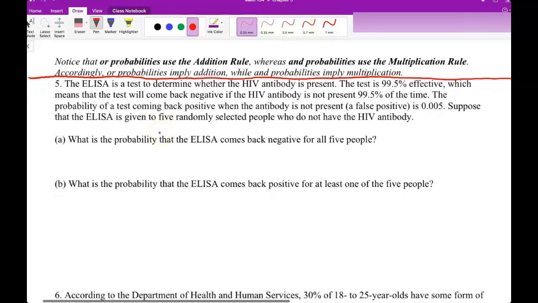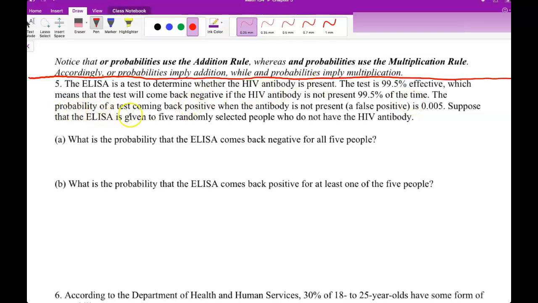Okay, now example number 5. Here is a test to determine whether the HIV antibody is present. The test is 99.5% effective, which means that the test will come back negative if the HIV antibody is not present 99.5% of the time.